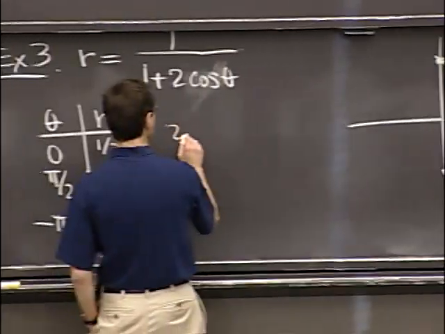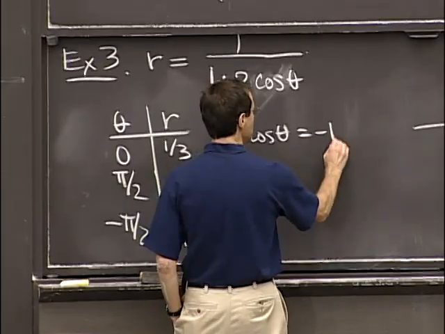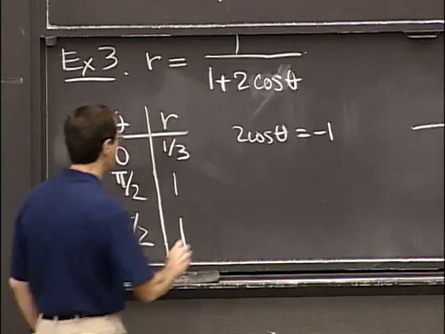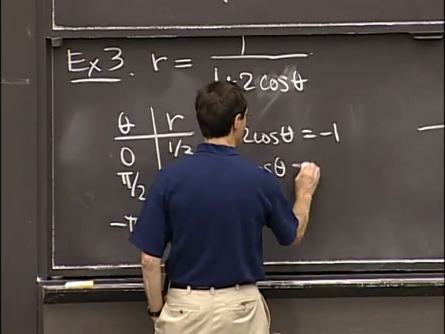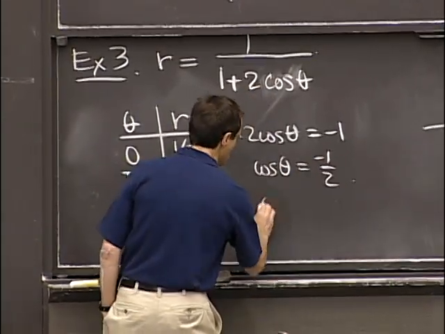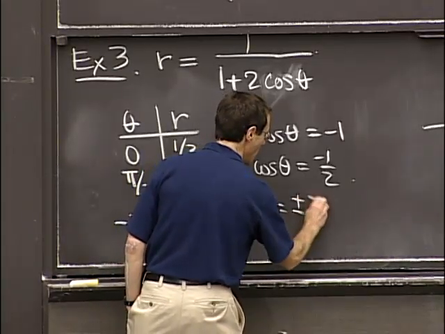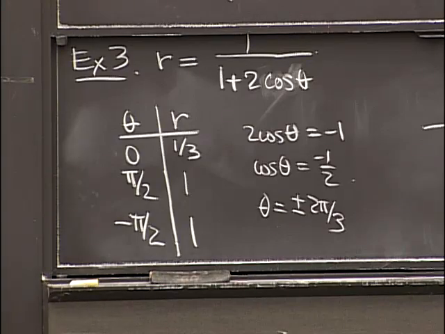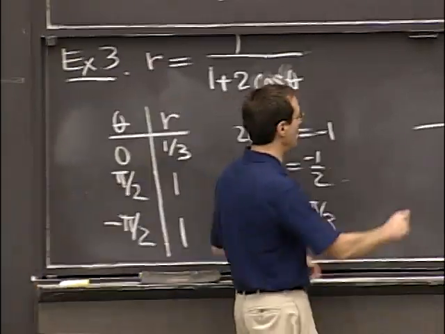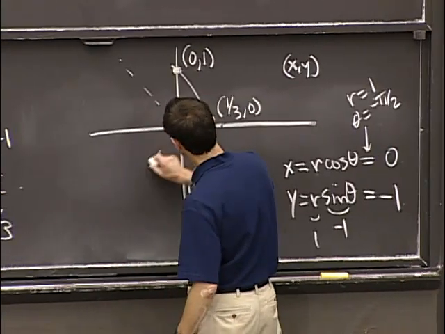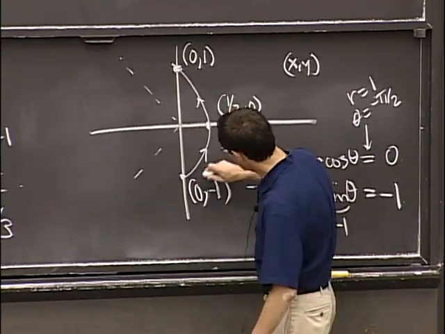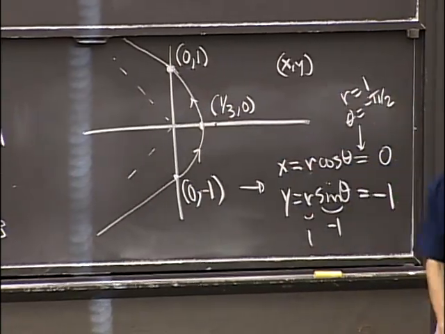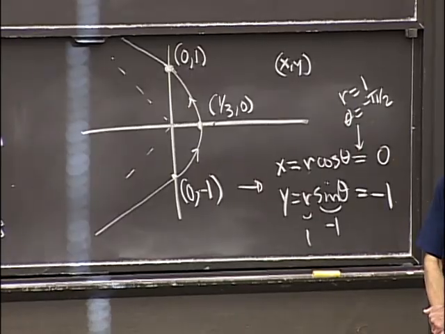Namely, if I solve 2 cosine theta is equal to negative 1, then the denominator is going to be 0 there. That's cosine theta is equal to minus a half. So theta is equal to, it turns out, plus or minus 2 pi over 3. Those are the values here. So when we're out here somewhere in these directions, there's nothing. It's going infinitely far out those ways.